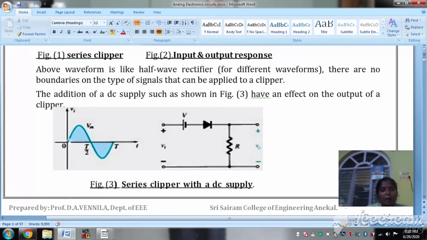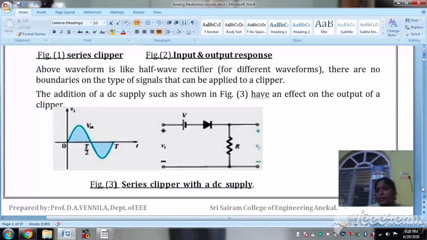So how does your waveform look? Here I am going to draw the 1 volt DC. If I draw the 1 volt line and it cuts the waveform at this point, then up to this 1 volt, the output will be maintained at 0.